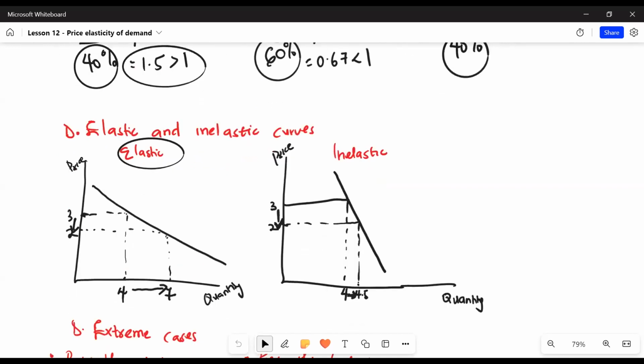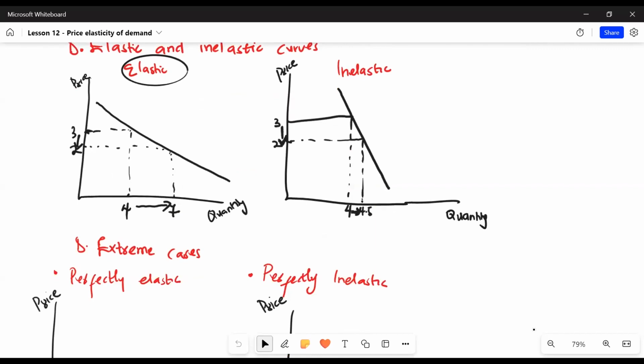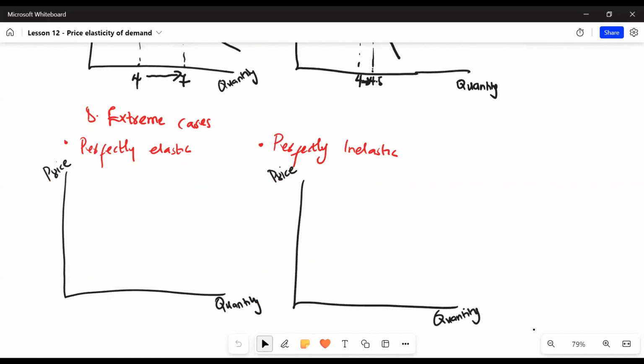Now, there are two extreme cases when we talk about price elasticity of demand. It's not just relatively elastic or relatively inelastic. The two extreme cases are perfectly inelastic and perfectly elastic. Let's first look at what we mean by perfectly elastic demand. For perfectly elastic demand, any change in price leads to an infinite change in quantity. So the price elasticity is infinite.